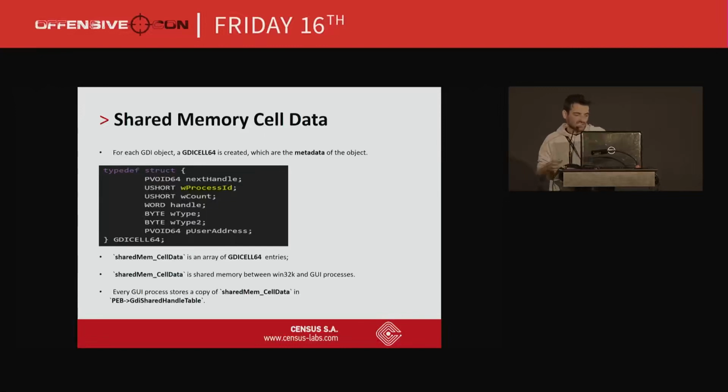The shared memory cell data is actually an array of GDICELL64 data structures. And it is called shared because it is actually shared between the Win32k component and a GUI process. Usually as a GUI process, we define every user space process that loads the user32 DLL or GDI32 DLL. And every such process has a copy of shared memory cell data in the process environment block in the member GdiSharedHandleTable.